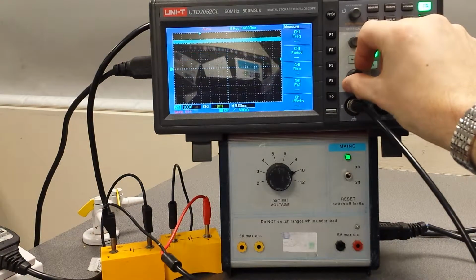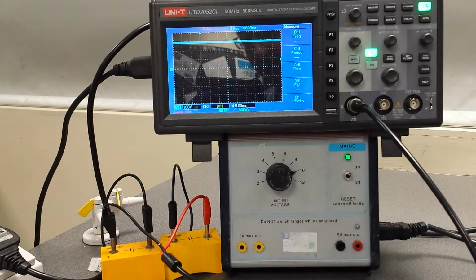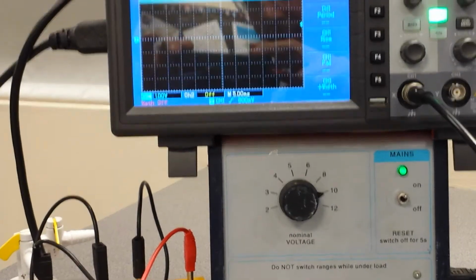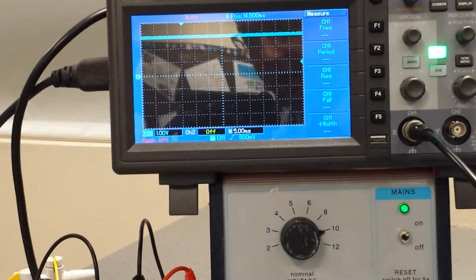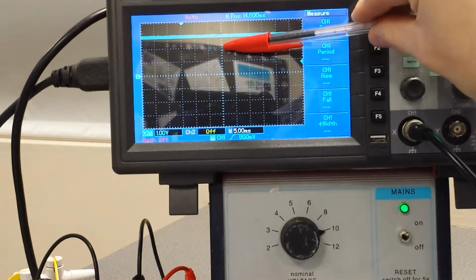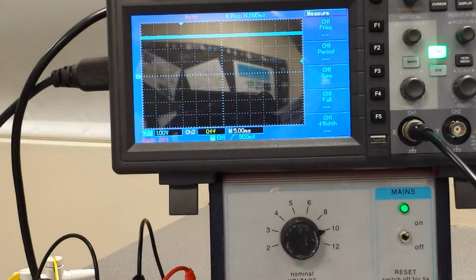Let's move it up a bit. So now we're looking at 1 volt per division. So if we zoom in a little now, clearly, if this is 1 volt per division, 1 volt, 2 volts, 3 volts. Well, these chemical cells normally are 1.5 volts each.